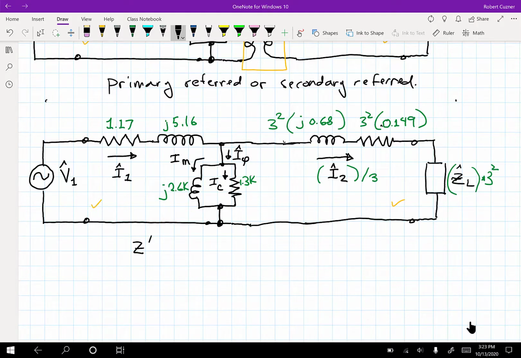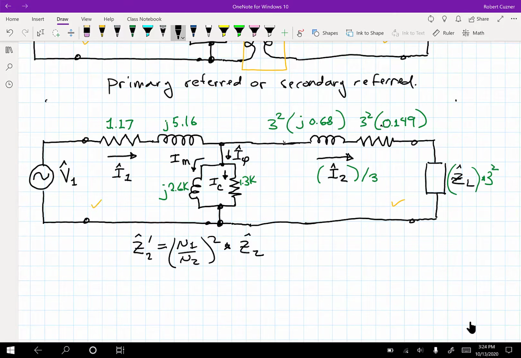So for example, in general, Z prime would be N1 over N2 squared times Z2, the secondary side impedance.